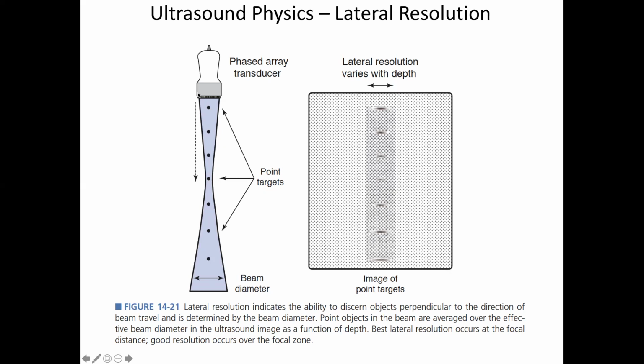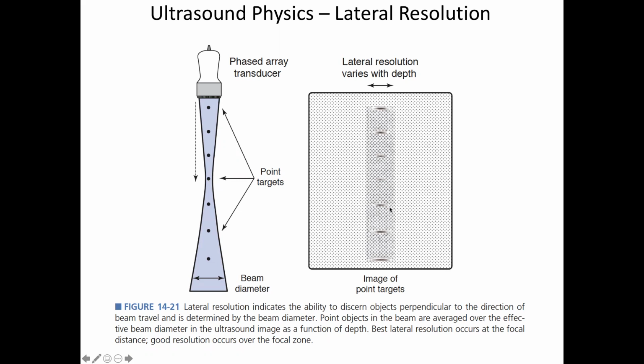So for this transducer, when we set the phases of the vibrations of those elements in the transducer such that we have the highest focus of the energy here, we get the best lateral resolution at that depth. And we can move that up and down by changing the focus with this phase.